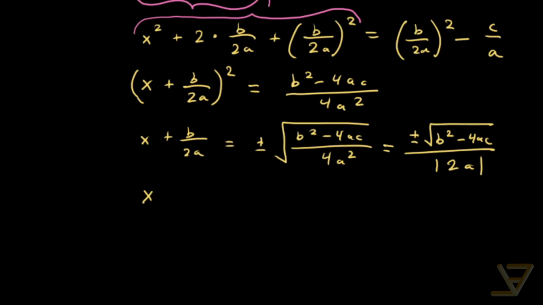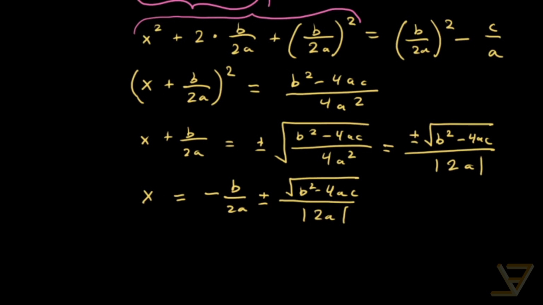And then we just isolate x to get x is equal to negative b over 2a plus minus this fraction where we have the square root of b squared minus 4ac over the absolute value of 2a.